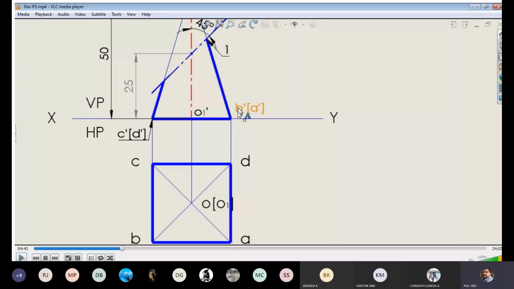So here this is the position of the observer. If you look from front, A will be visible and D will be invisible. So here B will be visible and C will be invisible.